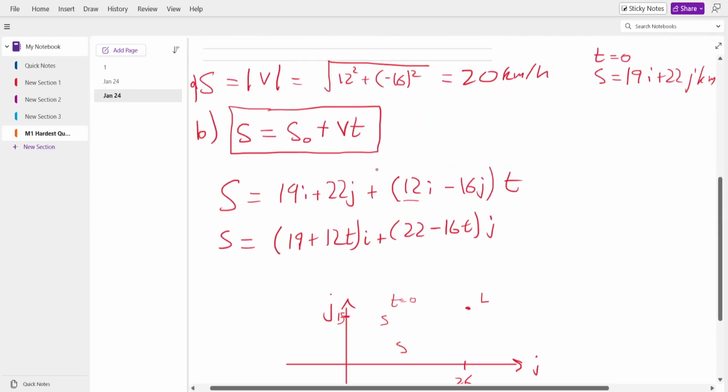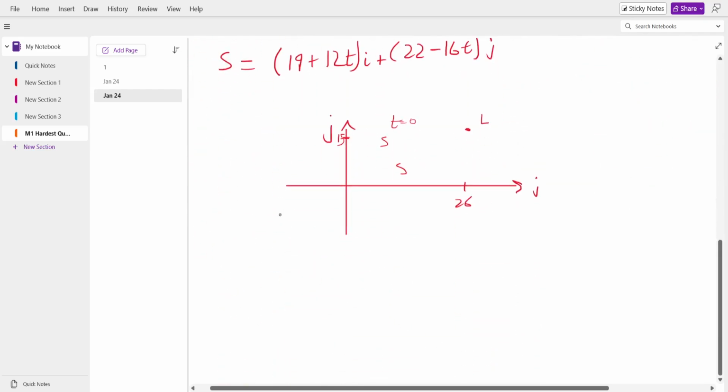In order to find that, I know the vector between the ship and the lighthouse is going to be, let's say, SL. Okay? So we know that SL equals the L vector minus the S vector.